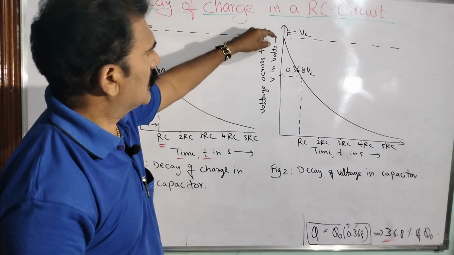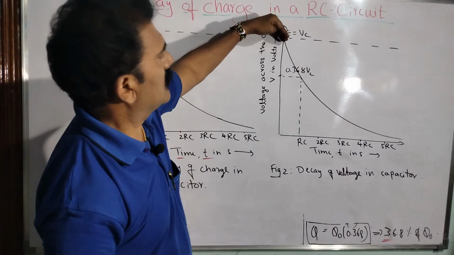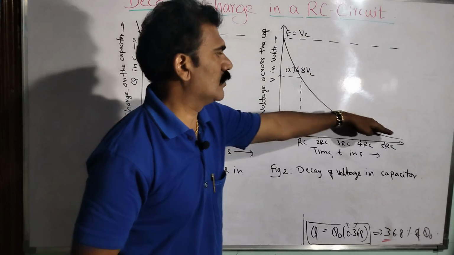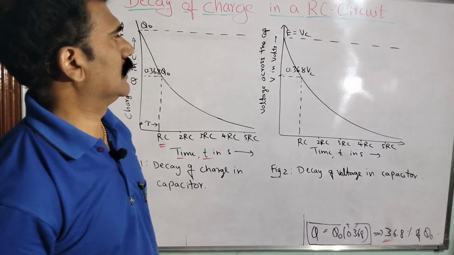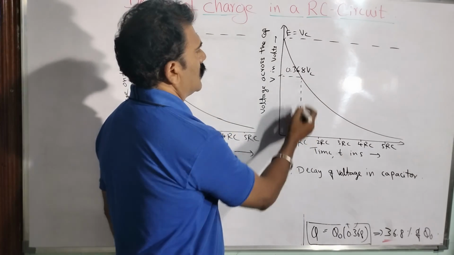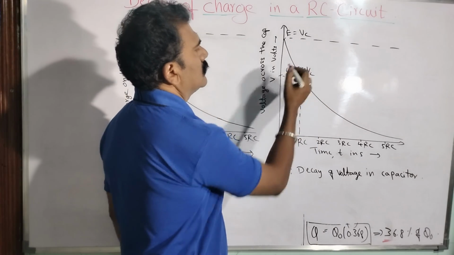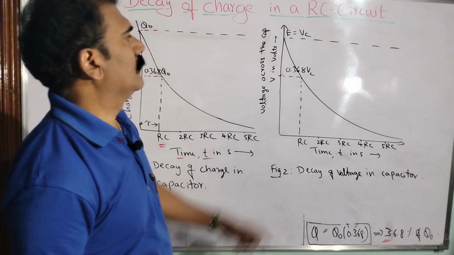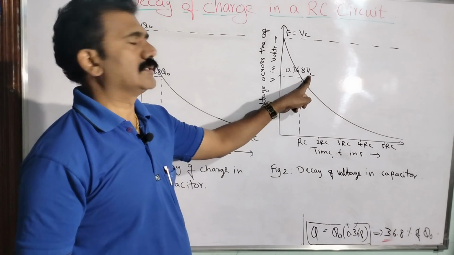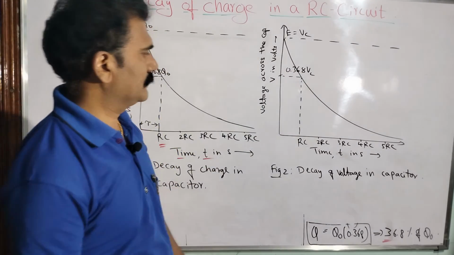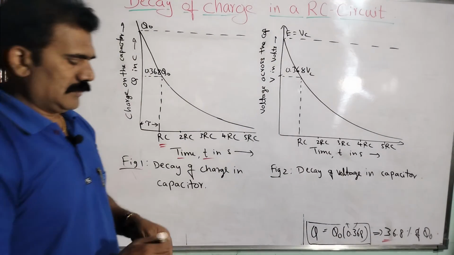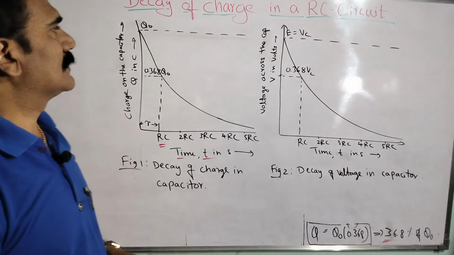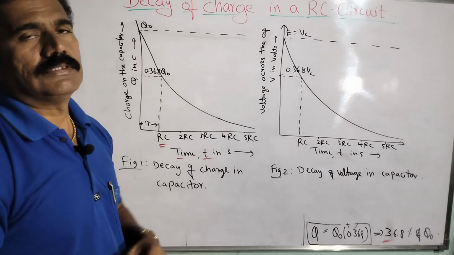So you can observe that from the value of Vc, the voltage drop across the capacitor decreases exponentially again. At the time constant, you can see it has decreased to 36.8% of the maximum voltage across the capacitor Vc. So we can understand from this graph that the decay is exponential in the case of an RC series circuit.